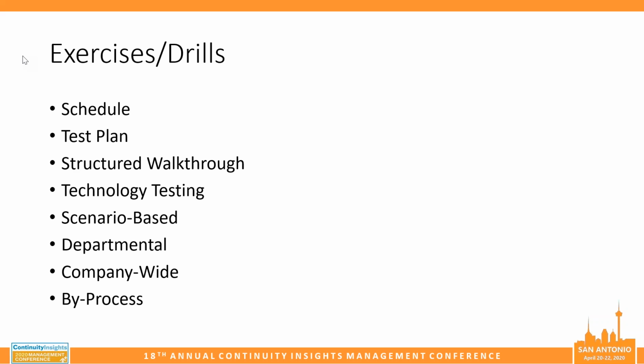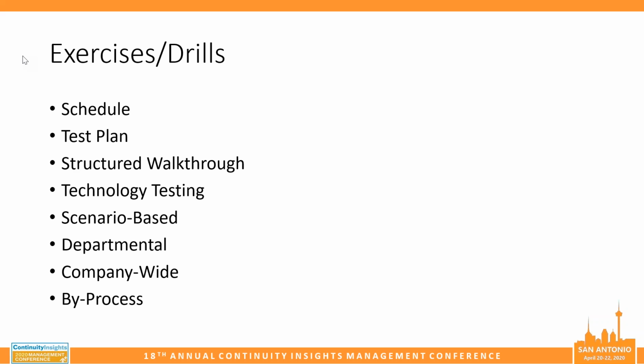Again, whoever is responsible for the business continuity program should be able to attend training so that they know what the requirements are. An example of a requirement for a business continuity professional, whether it's a business continuity planner, coordinator, or someone who's a manager who has oversight for business continuity, there should be a schedule.